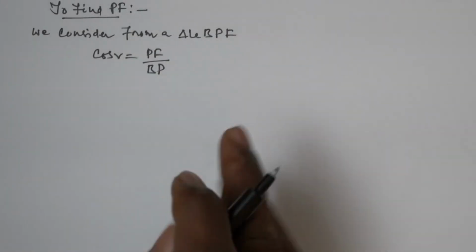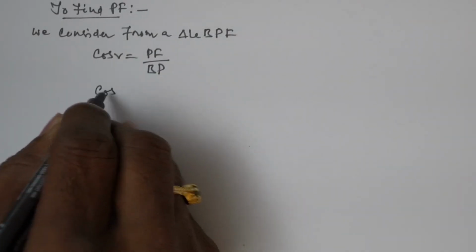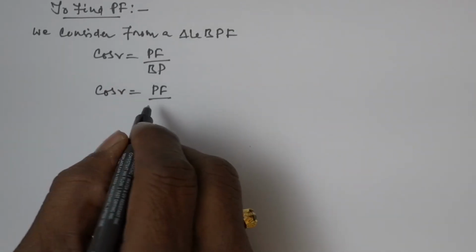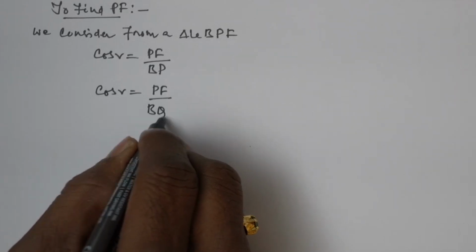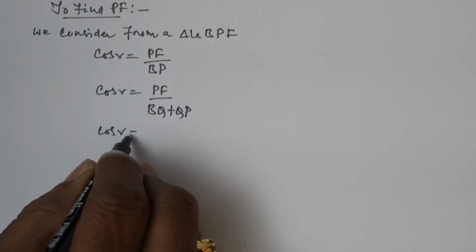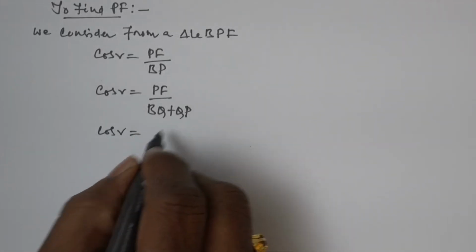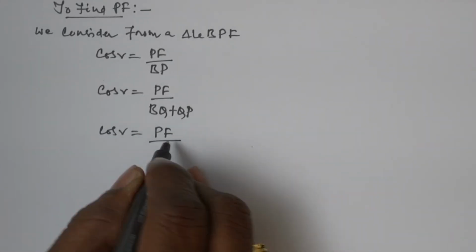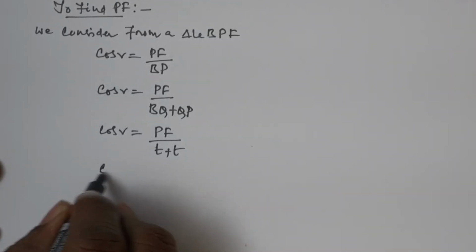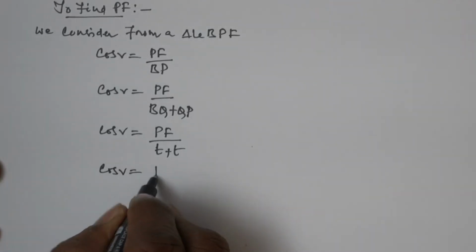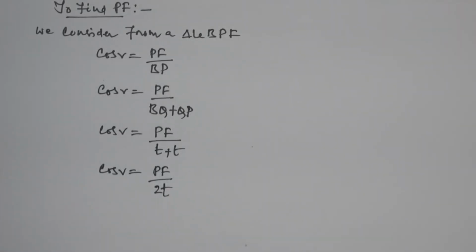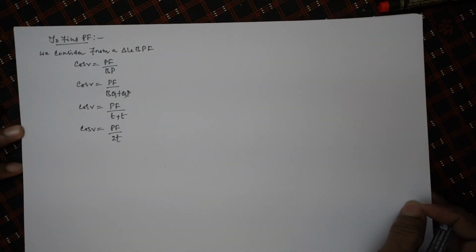T. Therefore cos R is equal to PF by BQ plus QP. In the diagram BQ is T and QP is also T, therefore cos R is equal to PF by T plus T, that is 2T.